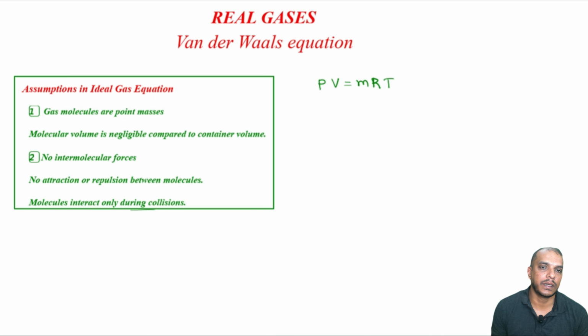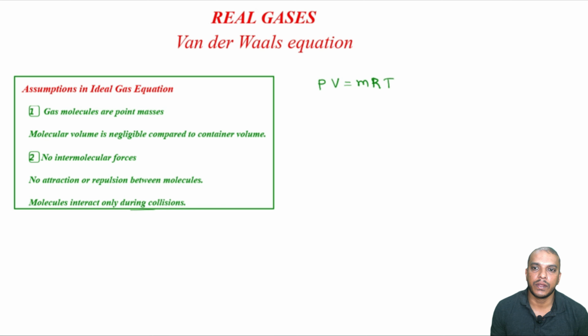Or we also define an ideal gas as a gas which obeys this equation PV = mRT at all absolute pressures and temperatures. But there is an important assumption with which we started this equation. This is a much simpler equation because we had neglected two things.